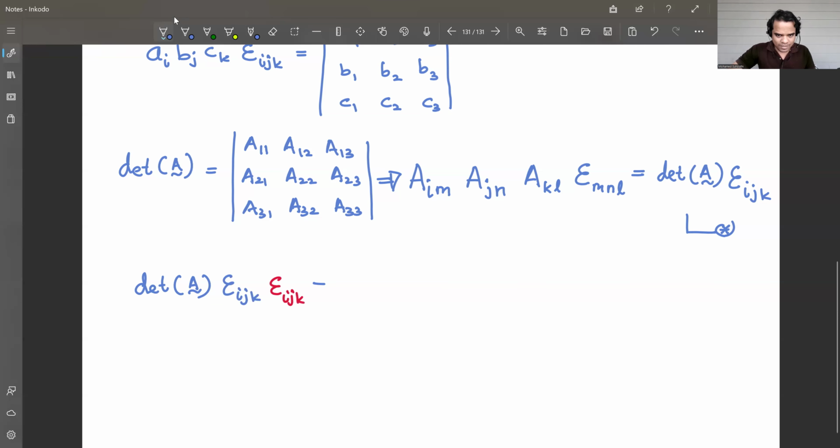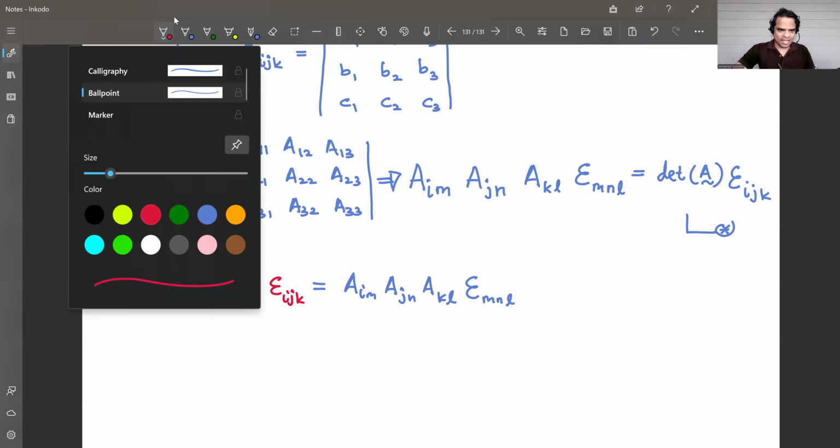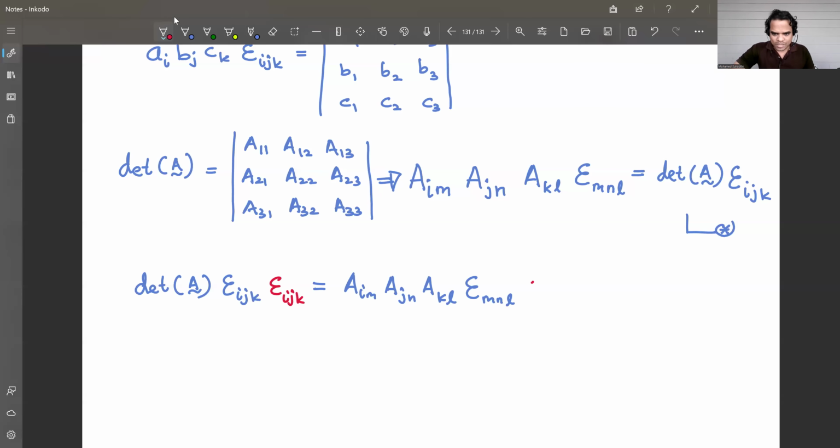Equal. The same thing will be there: A_iM, A_jN, A_kL, epsilon MNL, right? In addition to this, because I multiplied both sides by epsilon ijk, the same epsilon ijk will be on this side.